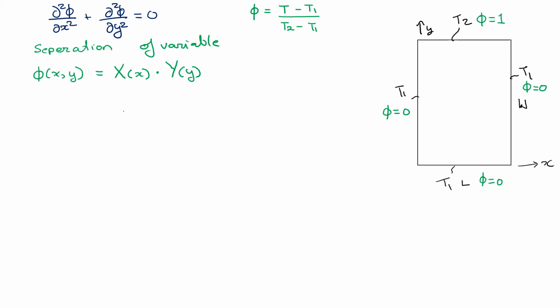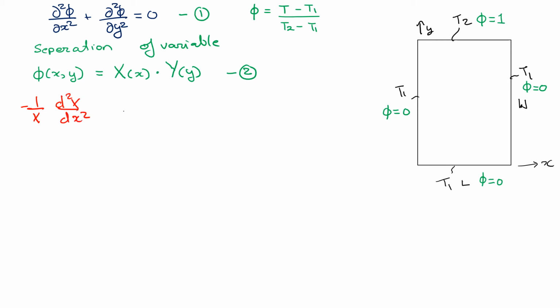So because capital X is just a function of x and capital Y is just a function of y, we can separate these variables. Now let's substitute, let's say this is equation 2, in equation 1, and let's see what we get. So the equation that we get is minus 1 upon X into d square X by dx square.